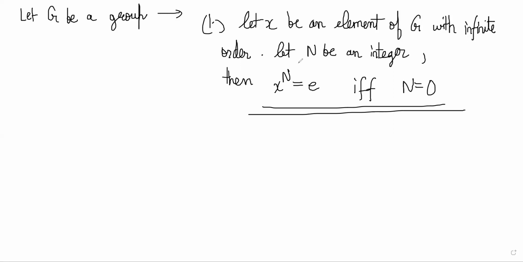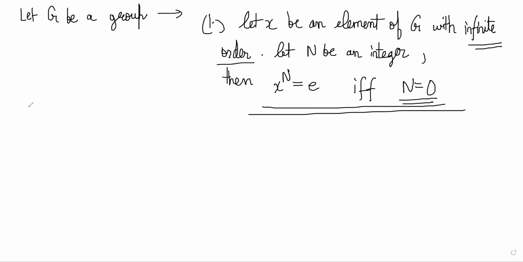The only way x power n will be equal to e is if n is 0, because x is an element with infinite order. So technically you cannot have x power k equal to e where k is non-zero.